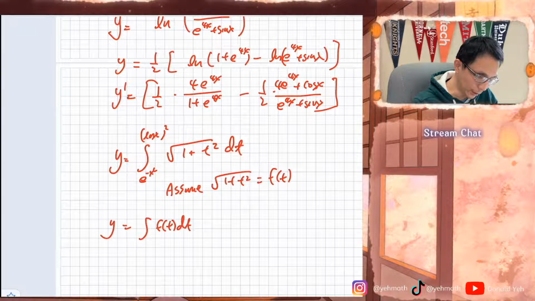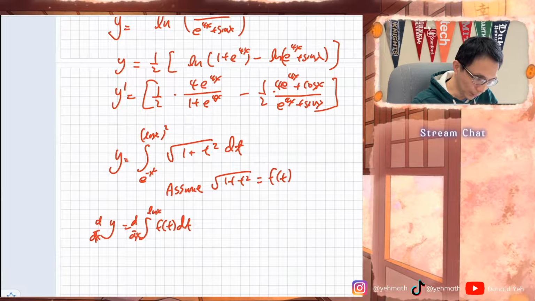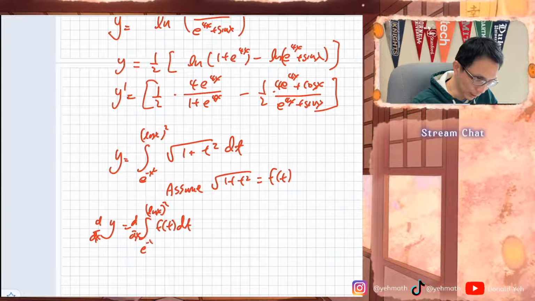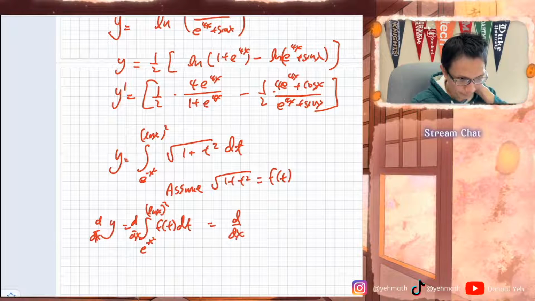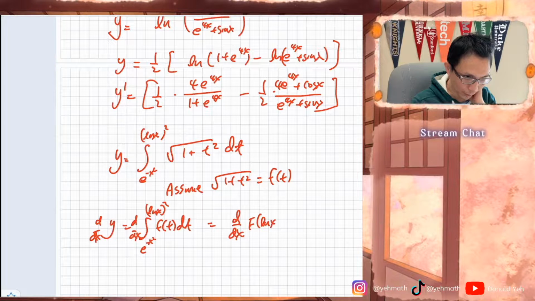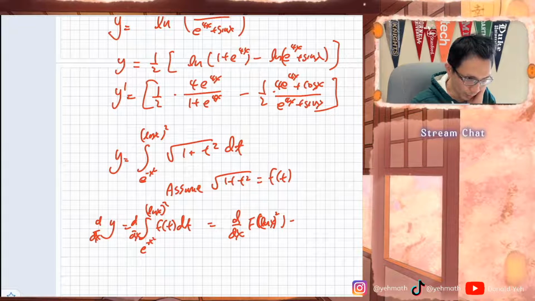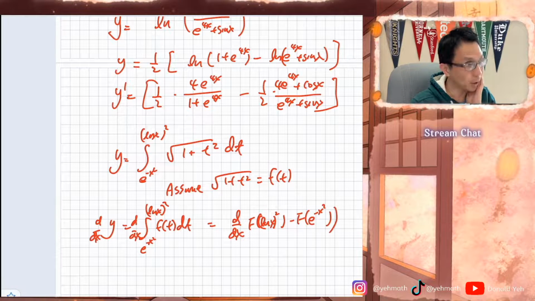Then we're going to take the d/dx here, between the natural log of x squared and e to the negative x squared. If I integrate that, that's going to give you f of natural log of x squared minus big F of e to the negative x squared. So far, any questions?